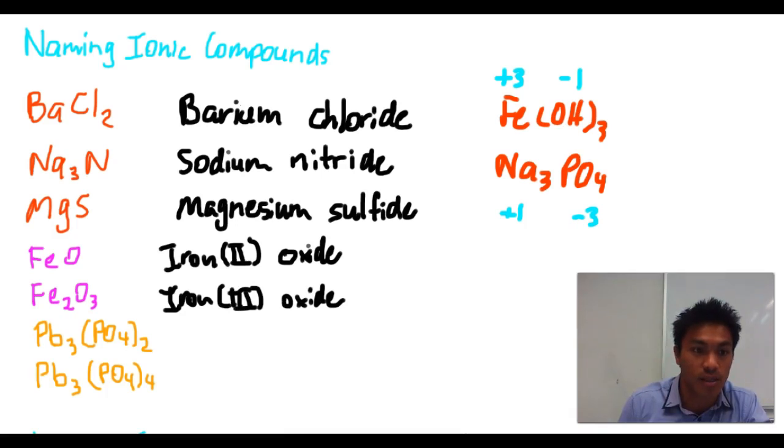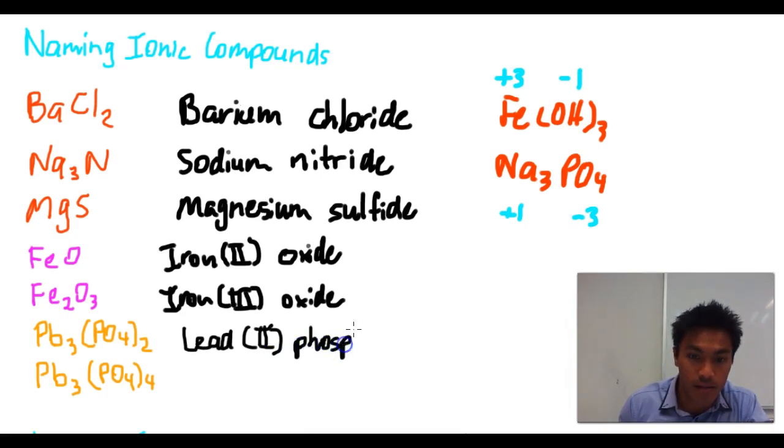So in this particular case, let's put it in black. Oh, that's very thick, a little bit thinner. It's going to be lead(II) phosphate. Now notice here that it's not phosphide, because phosphide would be phosphorus by itself.